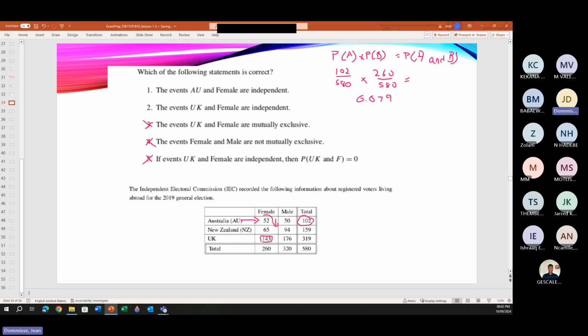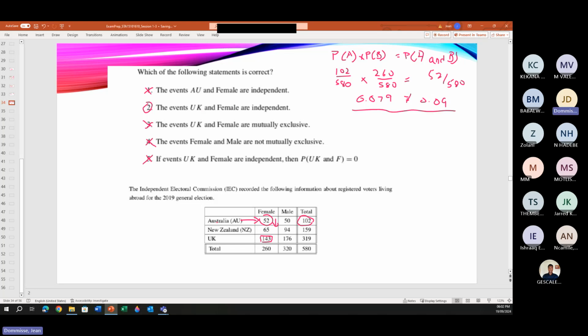So it is 52. Let's check what is 52 divided by 580. Fifty-two divided by 580 is equal to 0,09. So those two are not equal, so they are not independent, so that's also wrong. So option 2 will be correct, but let's work that out.